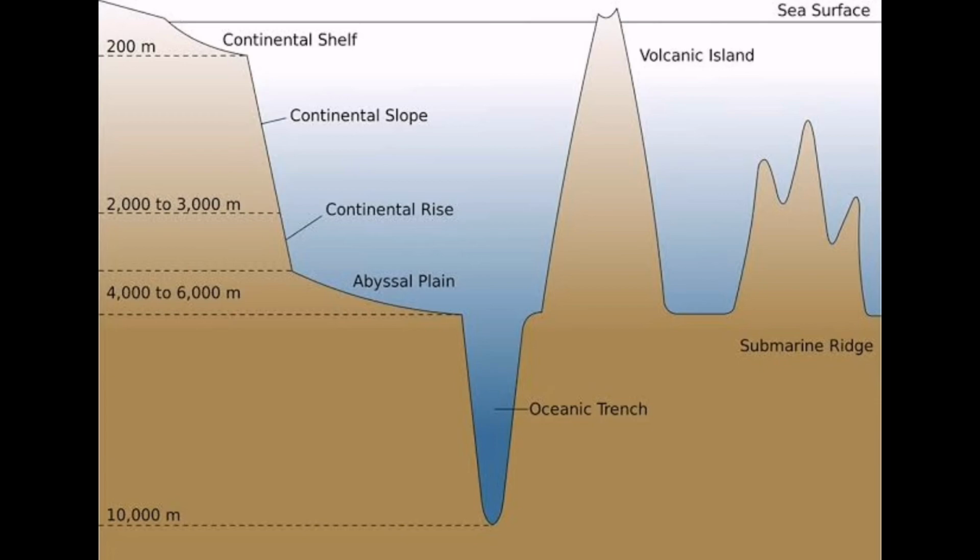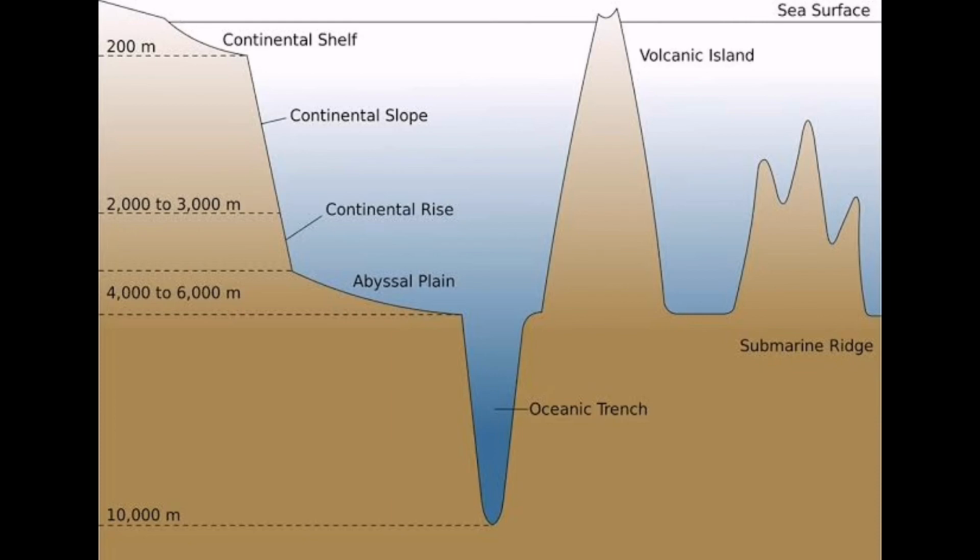The depth of the slope is from 200 meter to 3600 meters. You can see the continental slope goes down till 3600 meter. In some places it is more. The continental slope is narrow. The lower boundary of the continental slope is considered to be the boundary of continents.